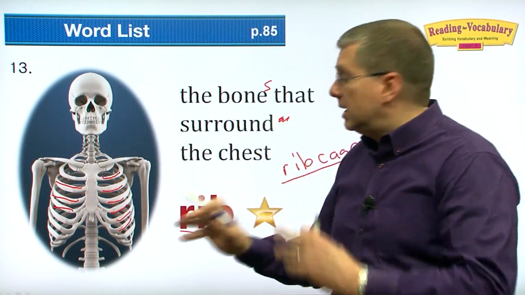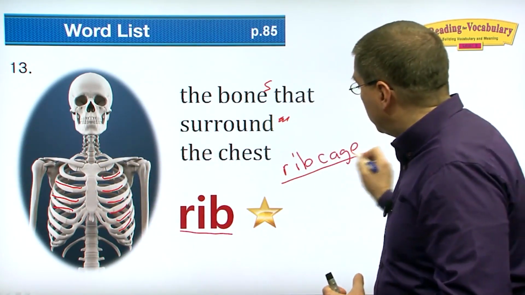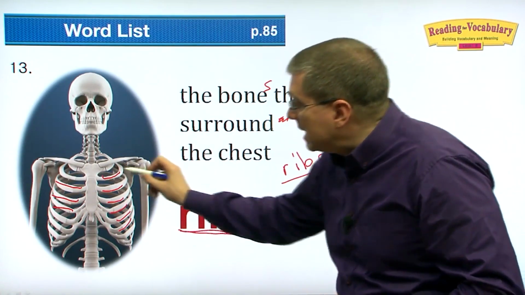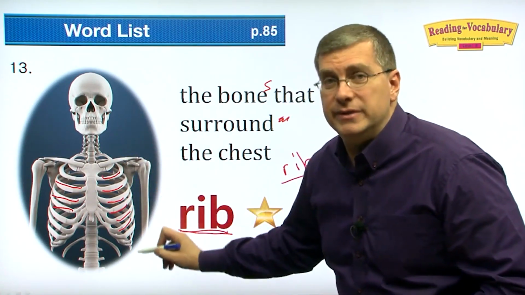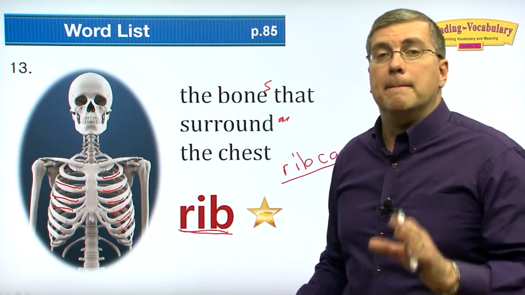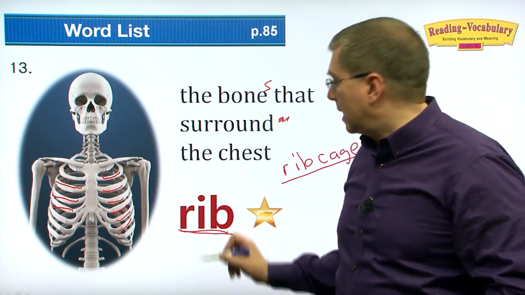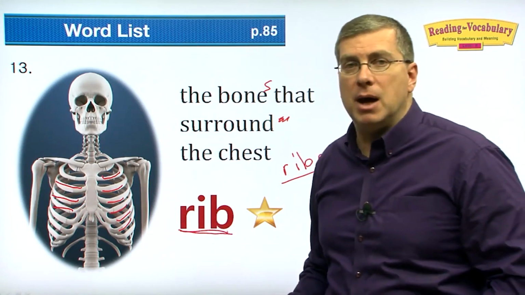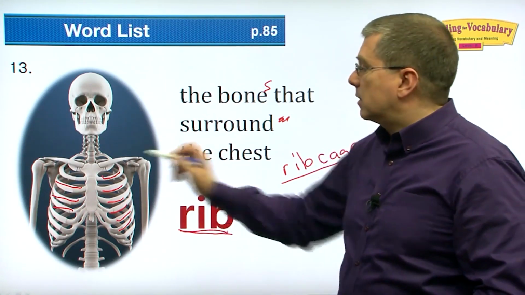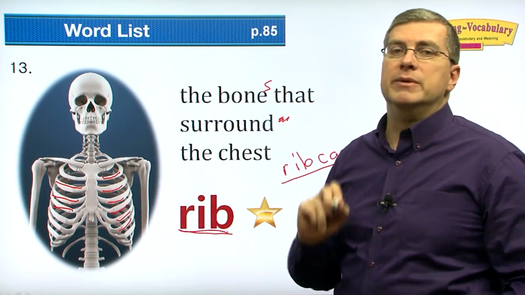It's like a cage that protects the inside of your body, right? We call it a rib cage, and it's made up by the individual ribs. There are many ribs, okay? So rib, with the I between the R and the B, rib. So these are called ribs, the bones that surround the chest, ribs, okay.